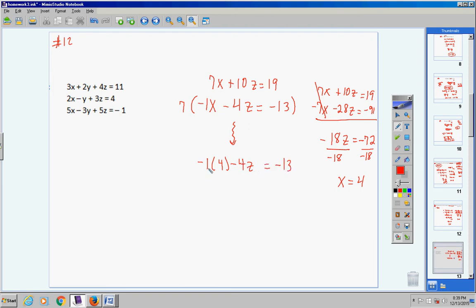Negative times positive is negative 4. Bring down the rest of the problem. Now bring your 4 over. Hold on, this should work out.